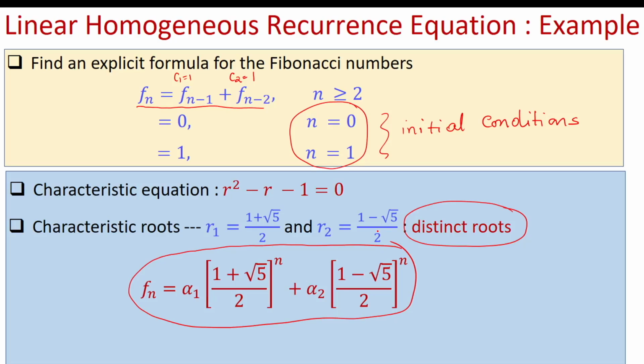It may or may not satisfy the initial conditions, but it will satisfy the recurrence condition. And the recurrence condition is triggered from n greater than or equal to 2 onwards. That means I don't know what the zeroth term or the first term is.